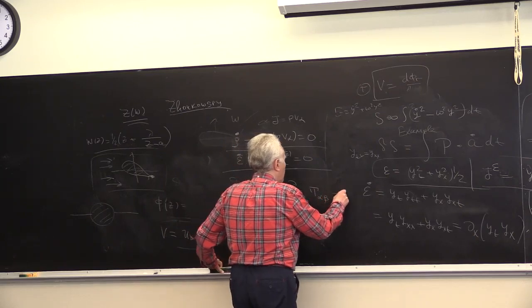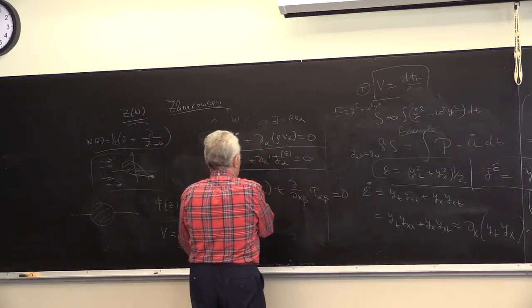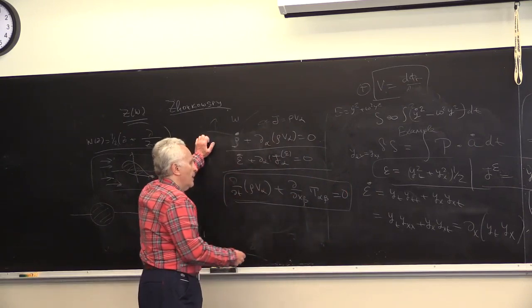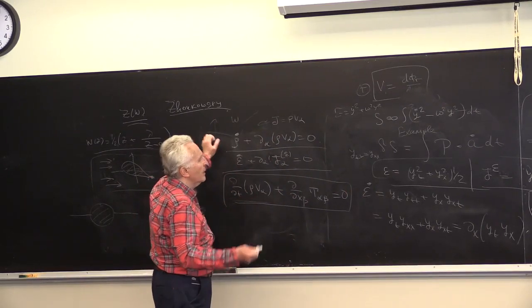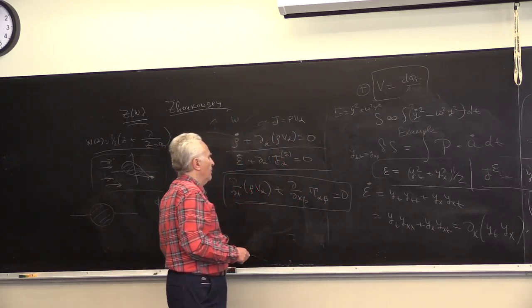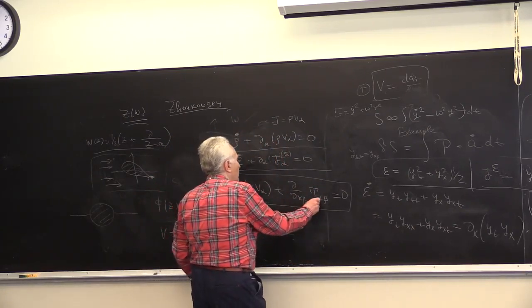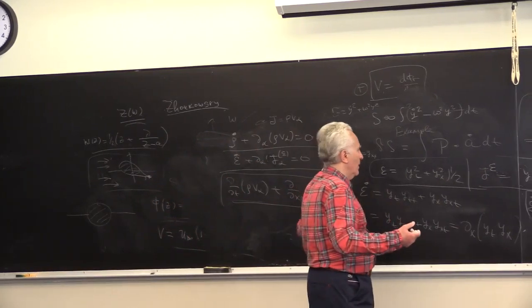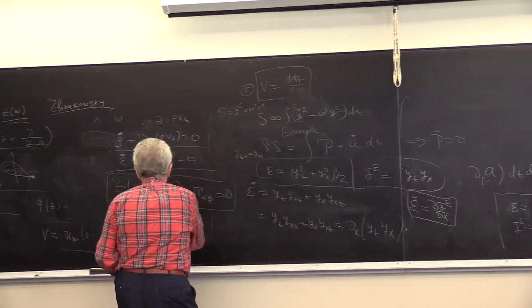We need some quantity with the name stress energy tensor, sometimes called the energy momentum tensor, and it has two indices, 3 by 3. So how would you interpret this quantity?